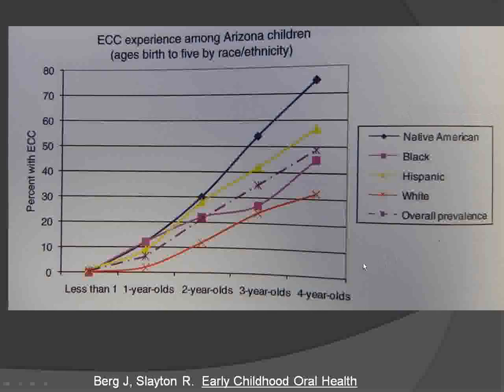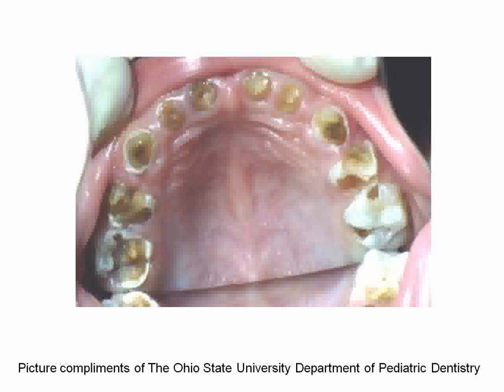Okay. So just to give you an idea, we're using terms like caries and decay and cavities. This can give you just a little more of an idea of what we're talking about in these very young children. This is definitely a case of early childhood caries, and this is a severe case.